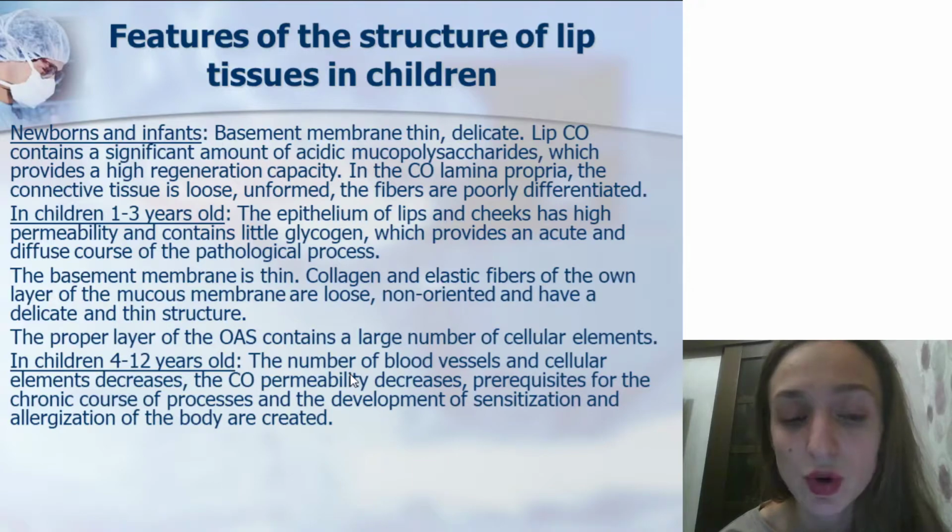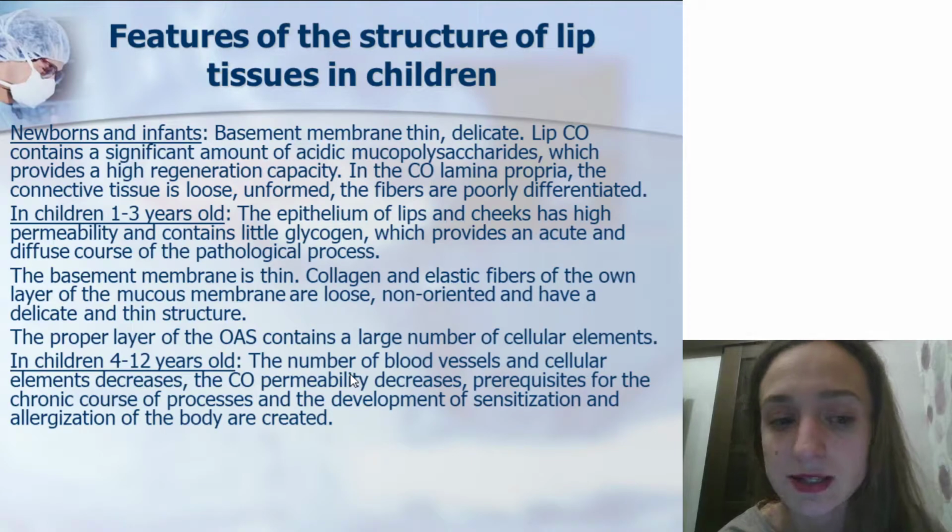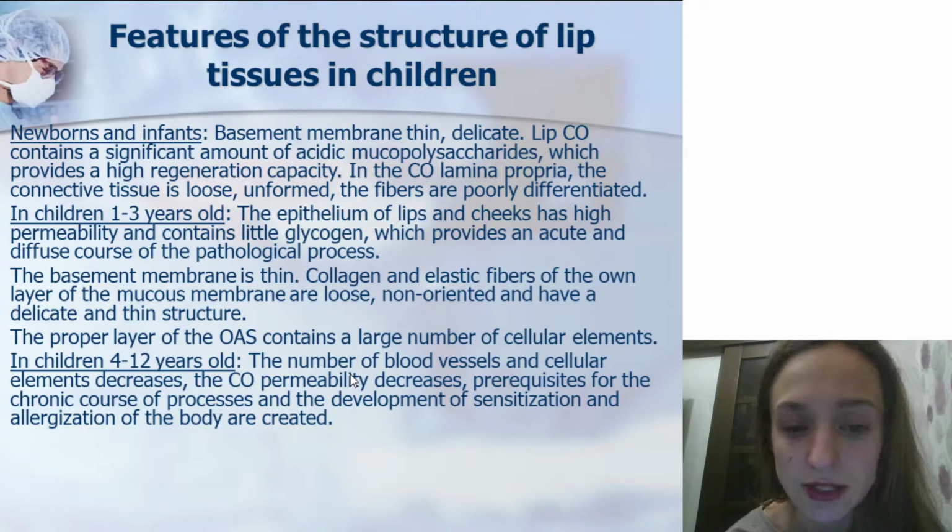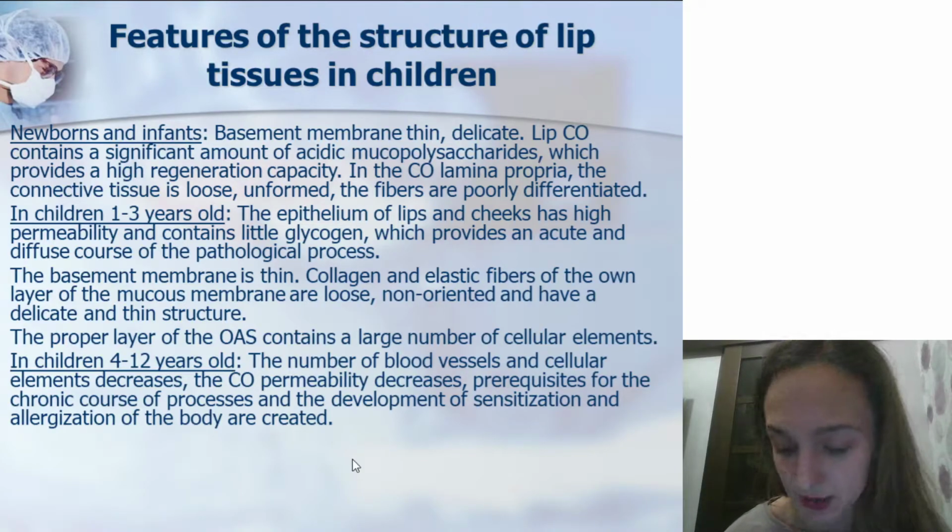In children from 4 to 12 years old, the number of blood vessels and cellular elements decreases. The mucous membrane permeability decreases, and the development of sensitization and allergization of the body are created.